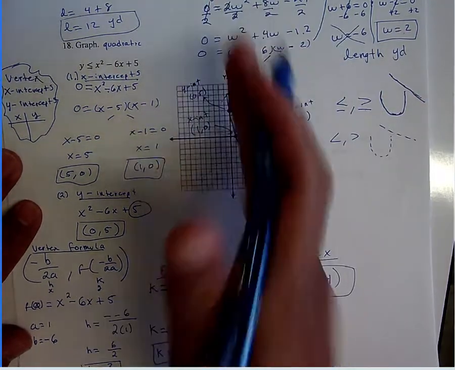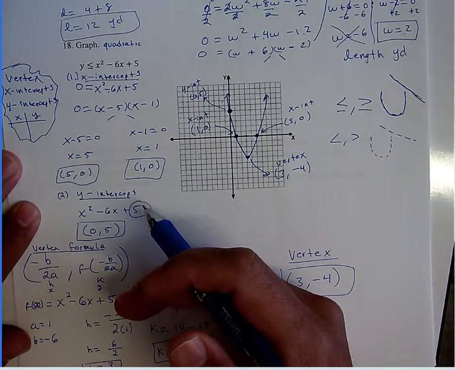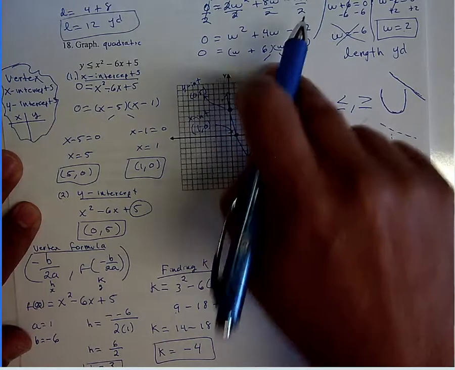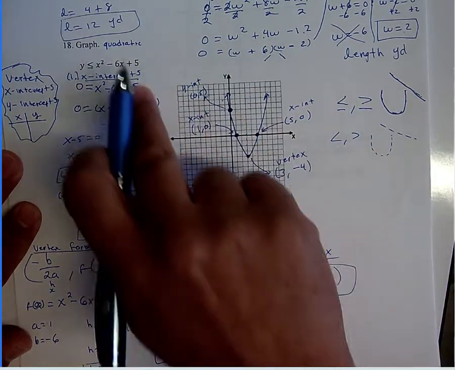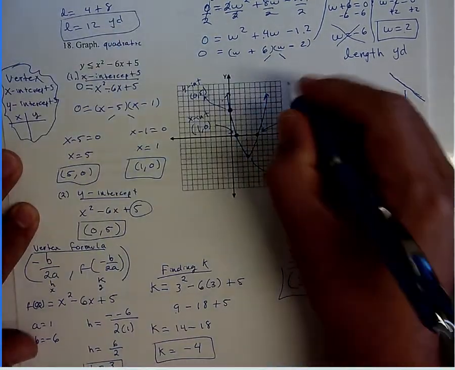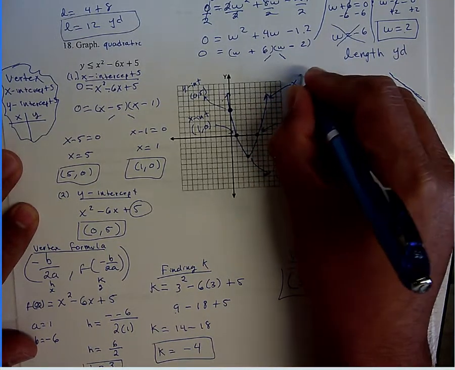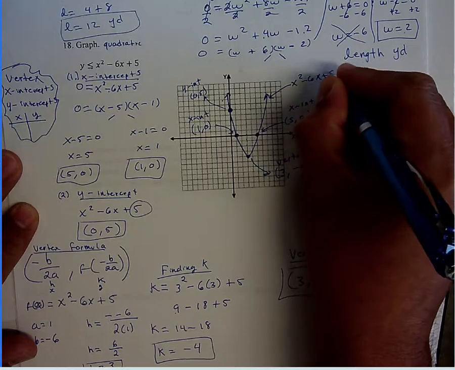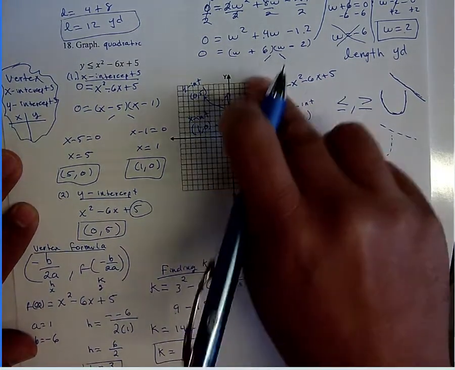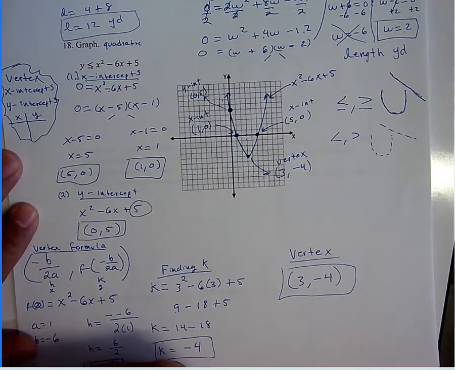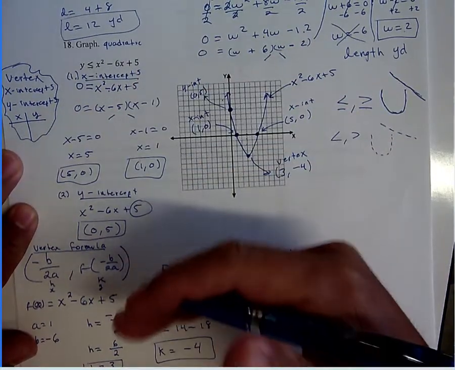So y is either up or down. If y is less than this, remember this line represents this equation. So if y is less than that line, that parabola, that means it's going to be underneath.